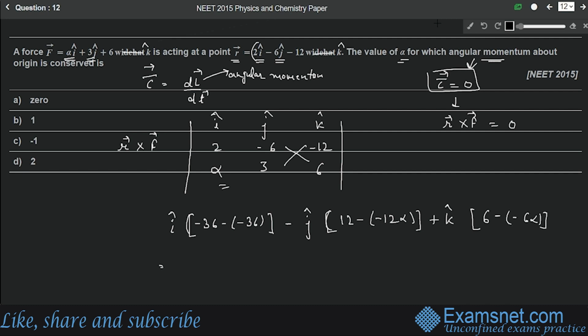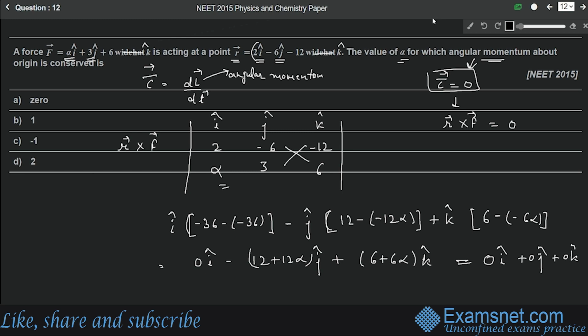So it can be written as 0 i cap minus 12 plus 12 alpha j cap plus 6 plus 6 alpha k cap. Now the angular momentum about the origin is conserved, that means the vector torque should be equal to 0. So this cross product should be equal to 0 i cap plus 0 j cap plus 0 k cap.